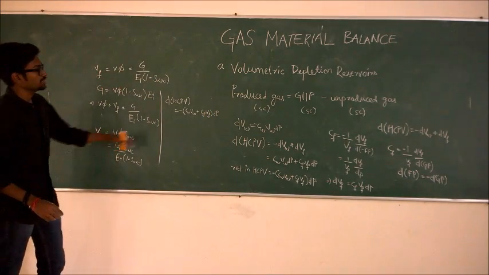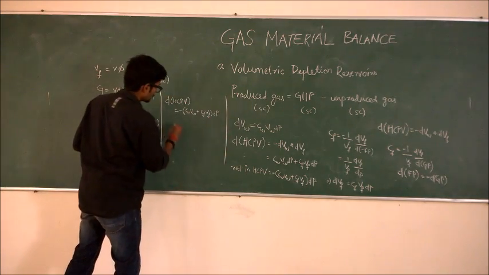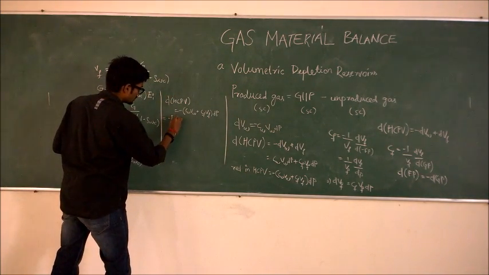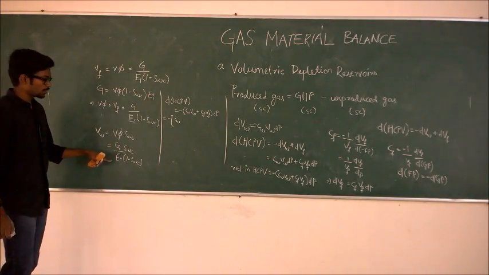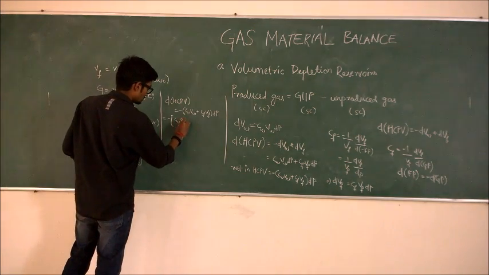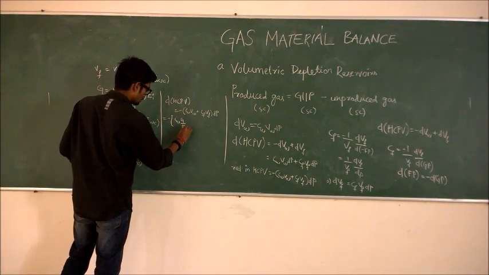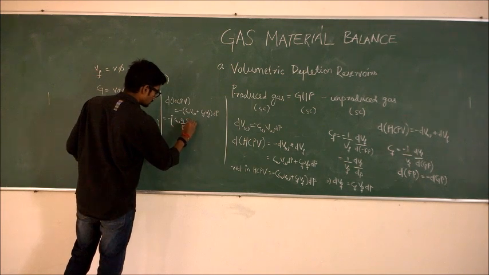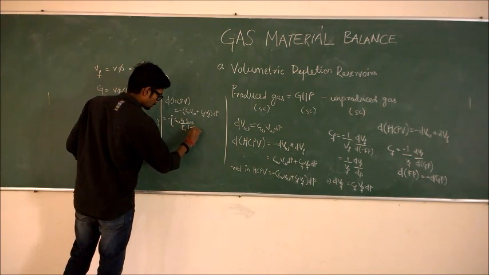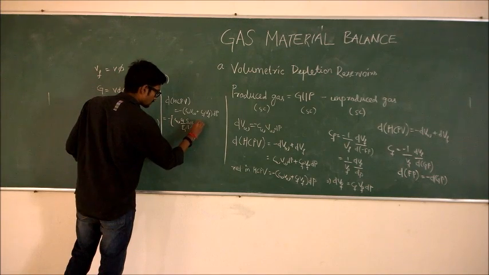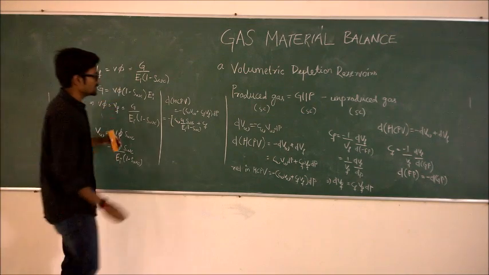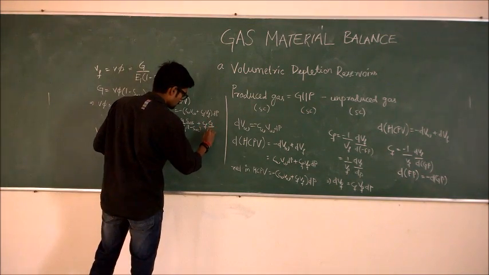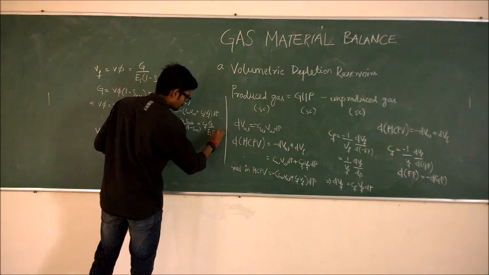Substituting these results in this equation we get minus of CW, VW is G into SWC by EI into 1 minus SWC, plus CF into Vp is the pore volume, which is nothing but G by EI into 1 minus SWC into dP.